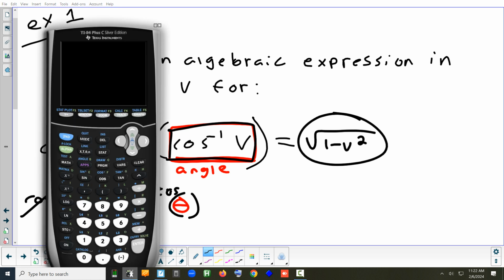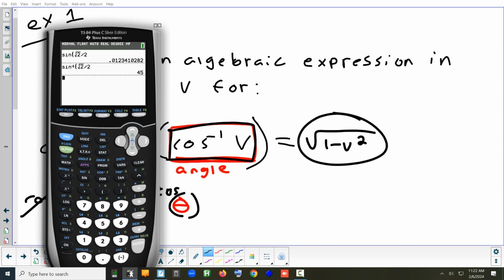Okay, let's try it. So let's do the sine of the inverse cosine of x, and then put the square root of 1 minus x squared. All right, let's do zoom 7. Let me switch to radians.